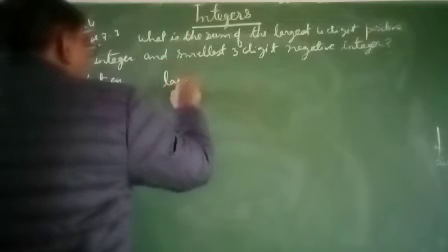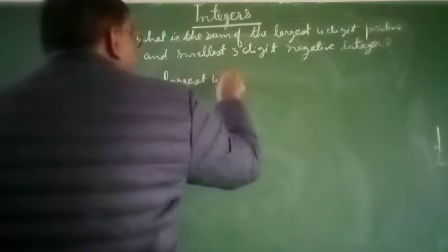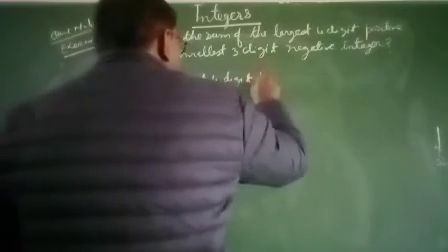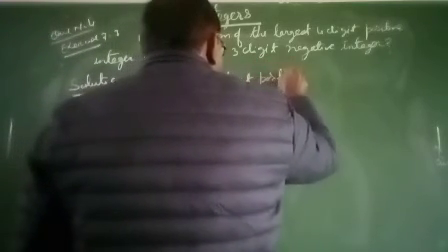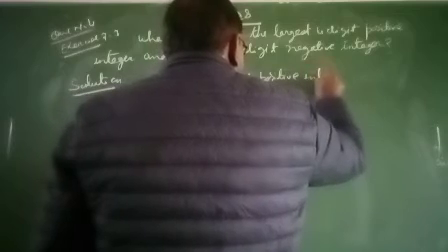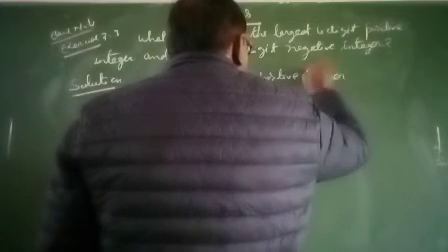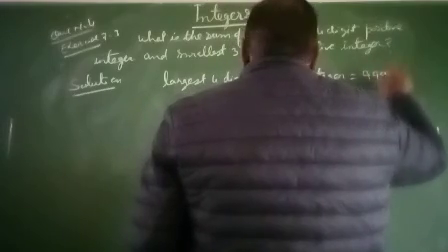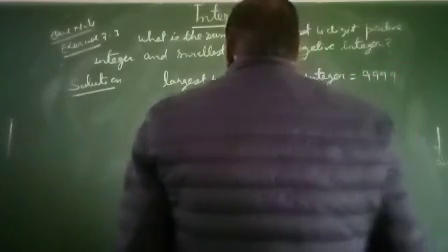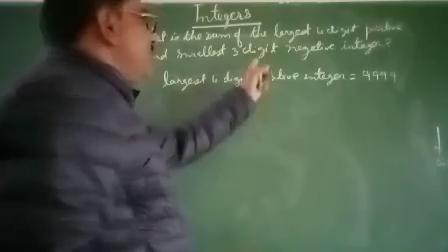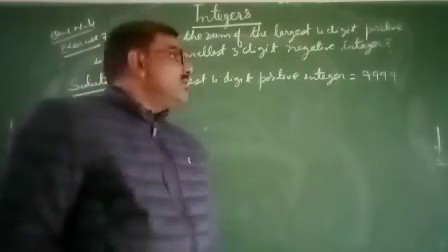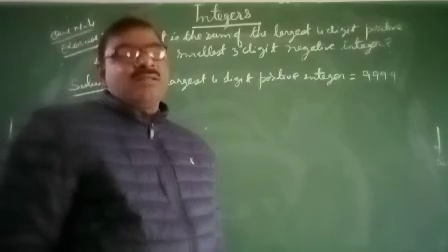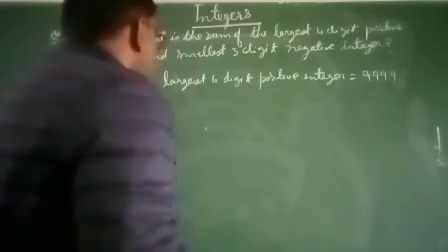And the smallest 3-digit negative integer, what is it? The smallest 3-digit negative integer is minus 999.